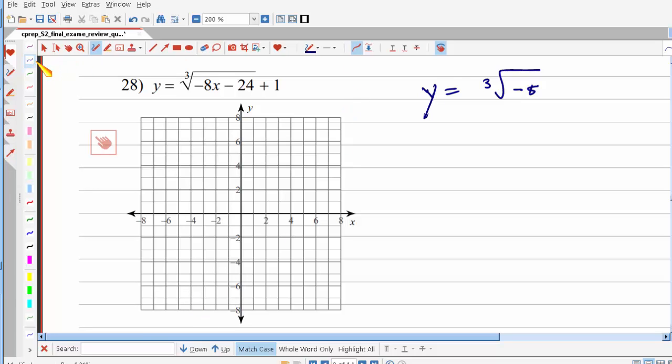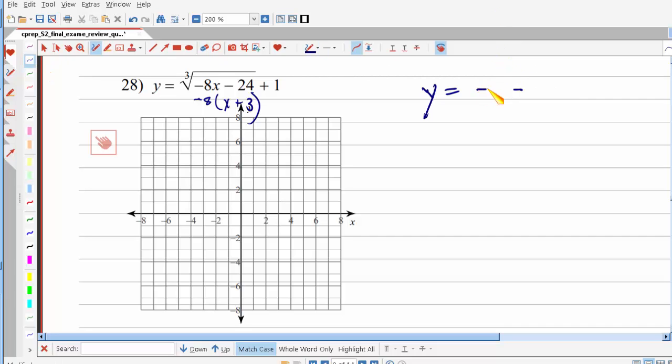Okay, so I wouldn't expect you to know this, but y equals the cube root of -8x minus 24. You can factor out a -8, and you get x, let's see, +3. Well, the cube root of -8 is -2. So really my function is this one.